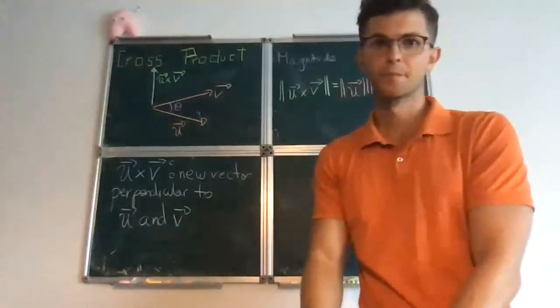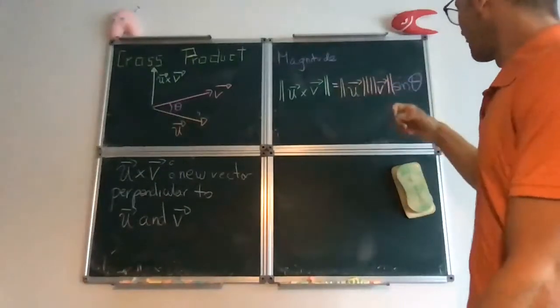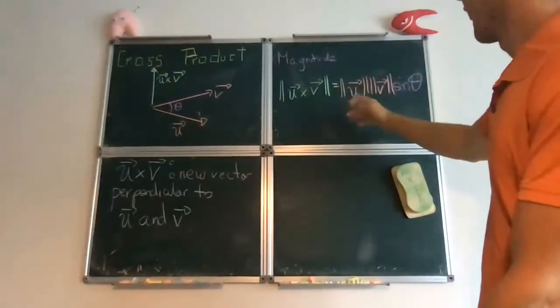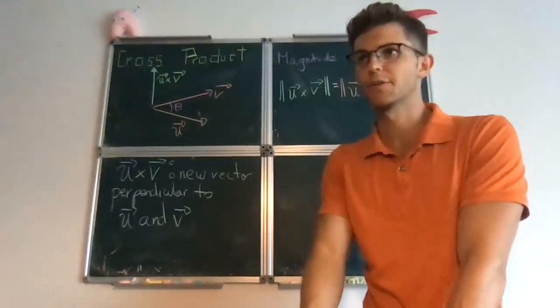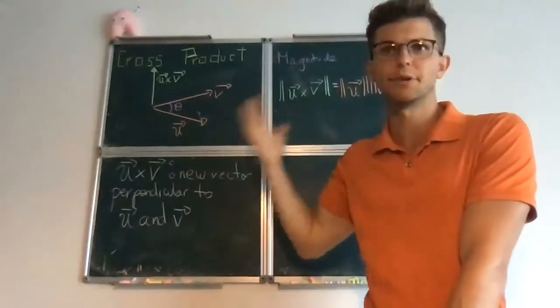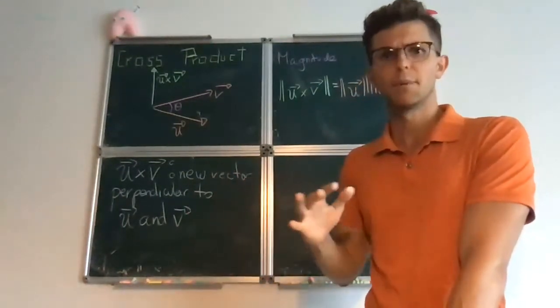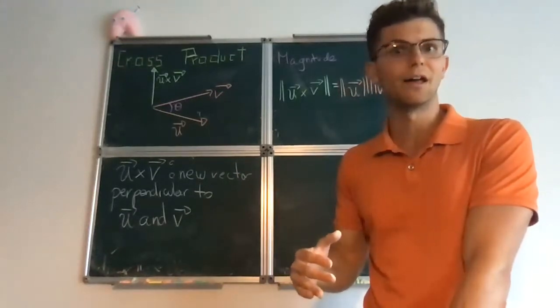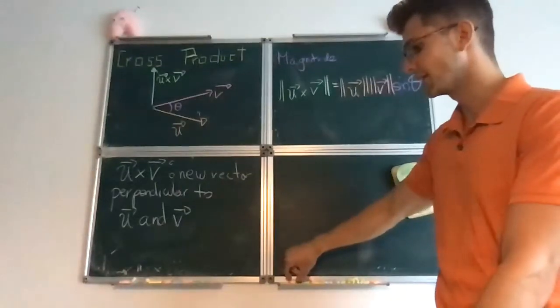So this formula, the first two terms are the same that you would have seen in the formula for the dot product, right? But now the difference is that we're using sine instead of cosine. So it seems like a mild difference, but it does have some interesting implications.